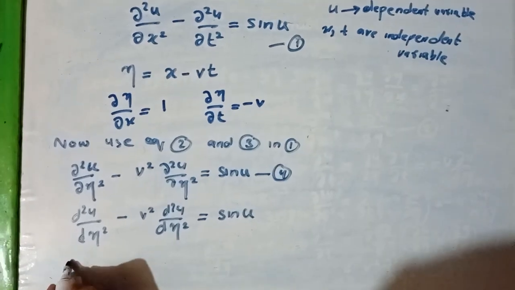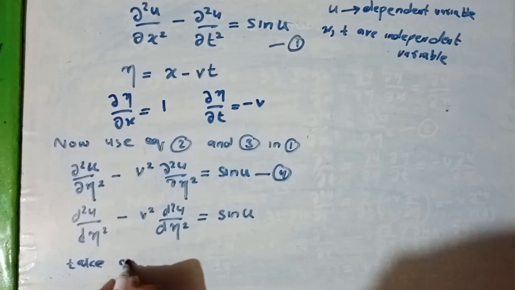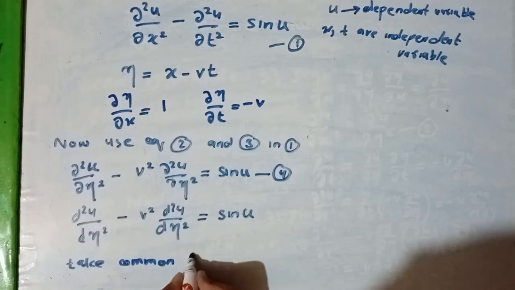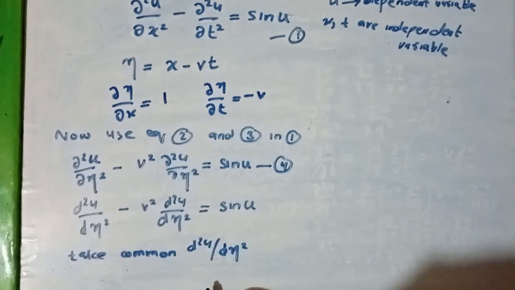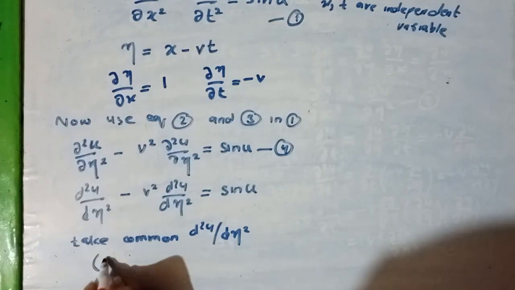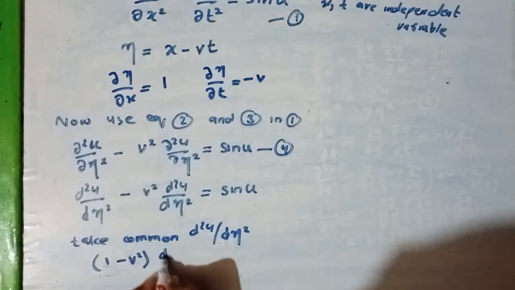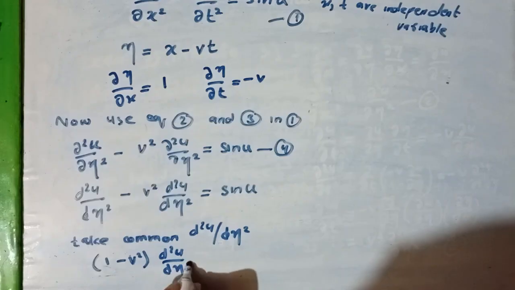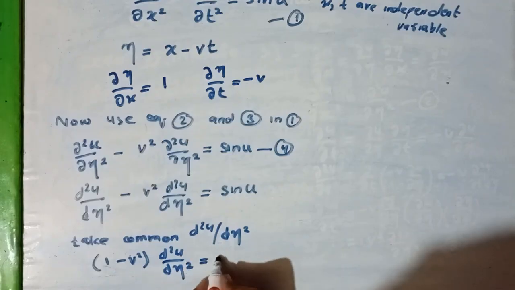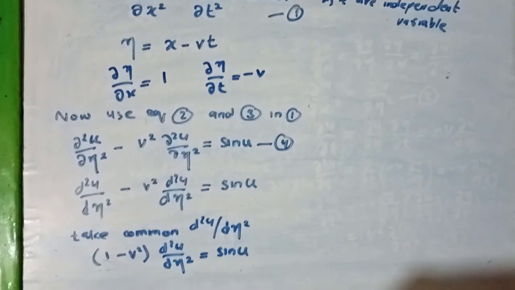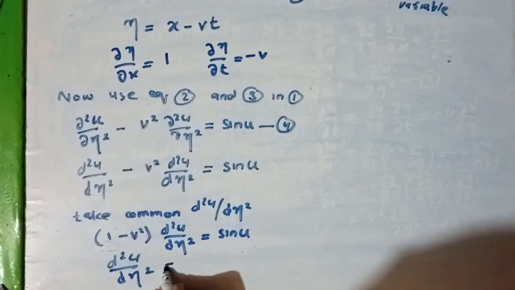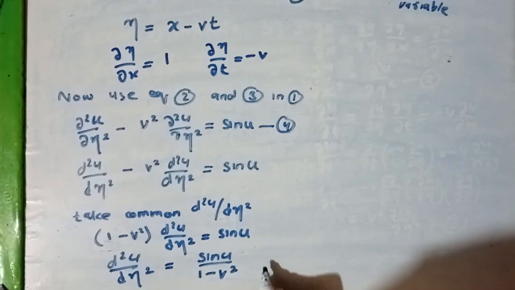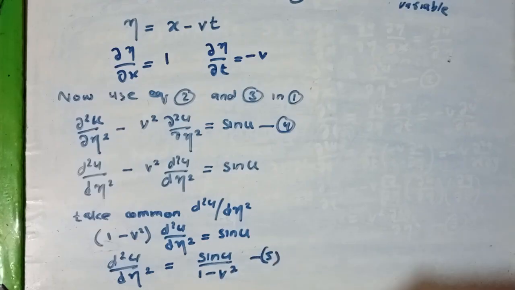Now we take common d²u/dη², so the above equation becomes (1 − v²) d²u/dη² = sin u. So d²u/dη² = sin u over (1 − v²). This is equation number 5.